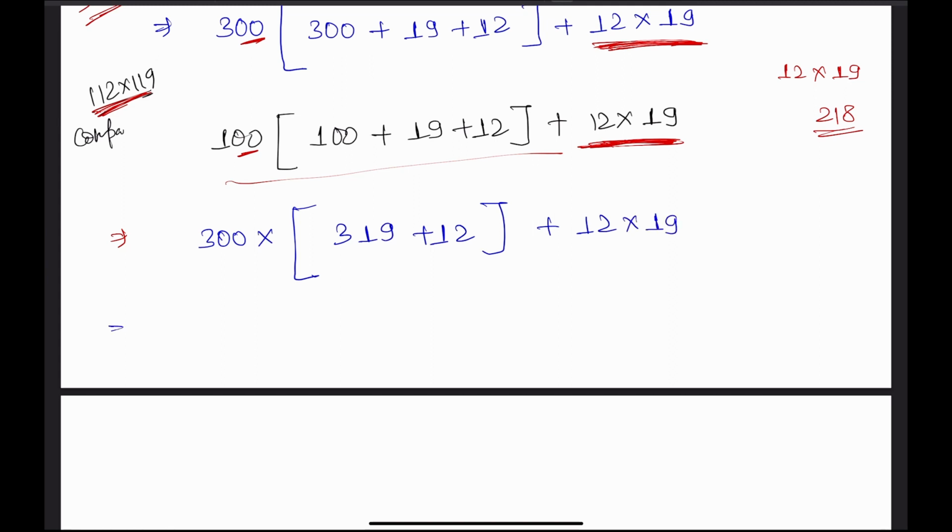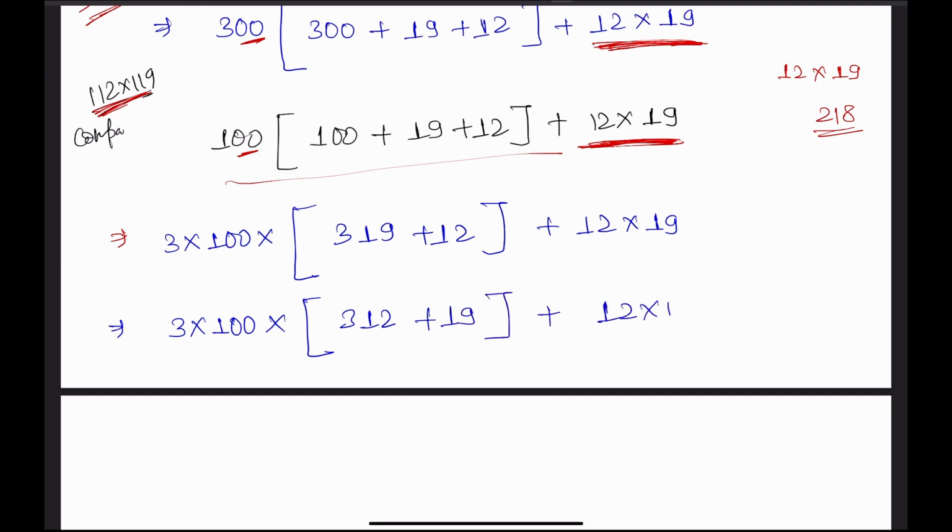Or we can rewrite it as 3 into 100, and here also it will be replaced as 3 into 100. Then 300 plus 12 becomes 312, plus 19, plus 12 into 19.